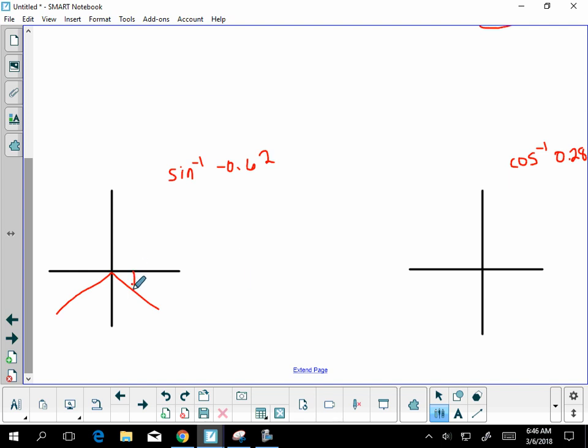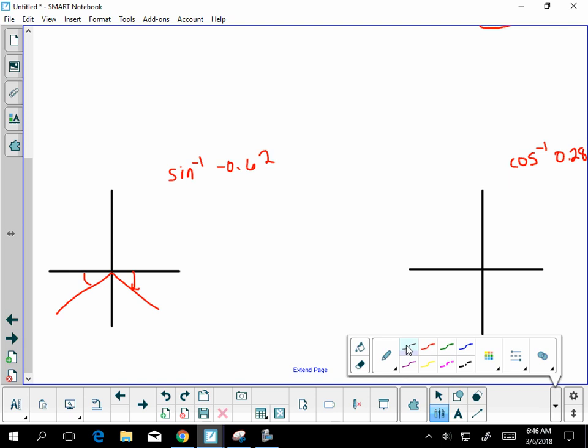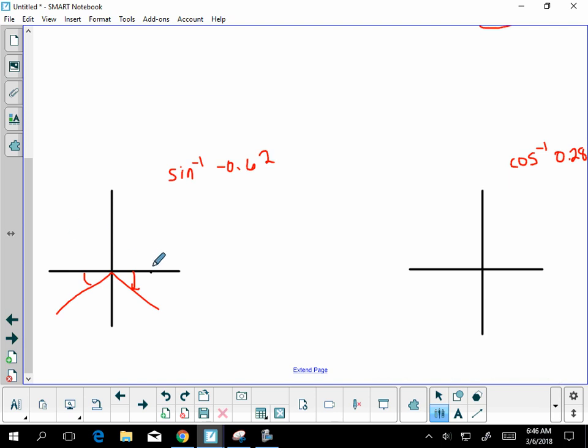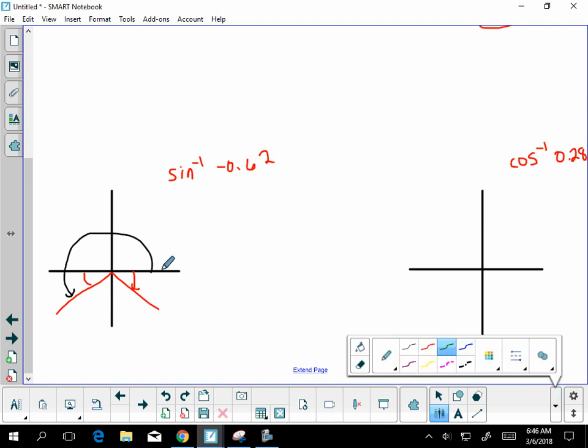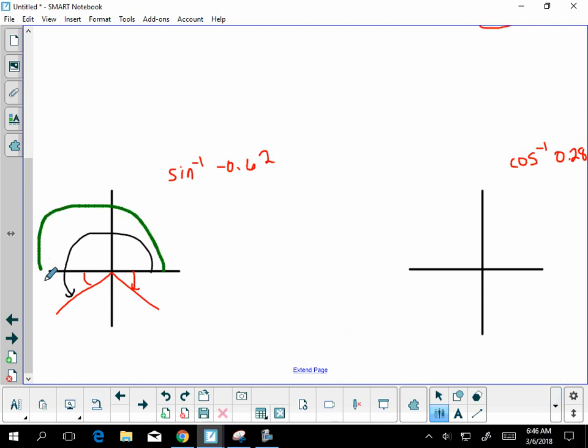It's negative, so it's going that direction. And those two are going to be the same. So let's get a little bit color-coded here. On that first one, I'm going to start at my positive x and end up there. On my second one, start at my positive x and end up there.